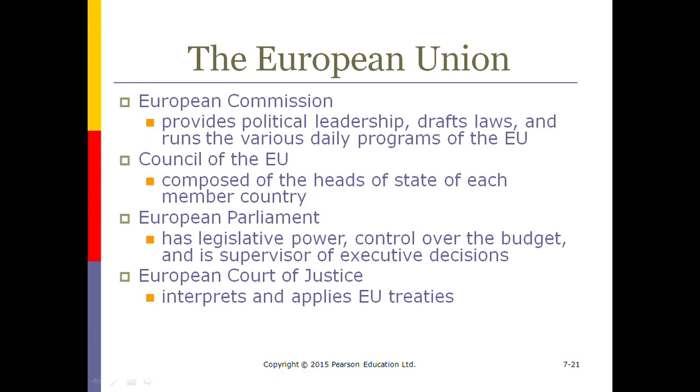Then comes the European Parliament, which has legislative power. They control the budget, and also they supervise the executive decisions. And finally, there is the European Court of Justice, which applies the treaties or agreements and also interprets them. Sometimes if there is a misunderstanding or an argument, the European Court of Justice tries to settle it.